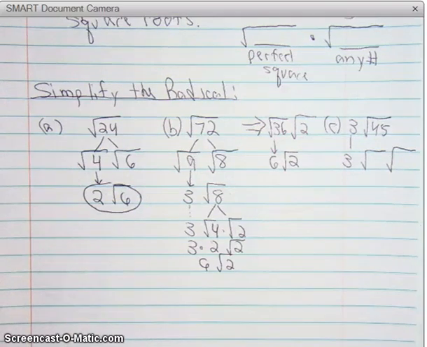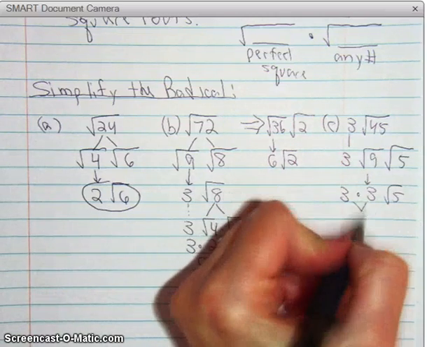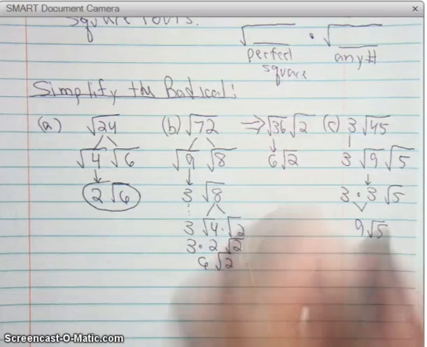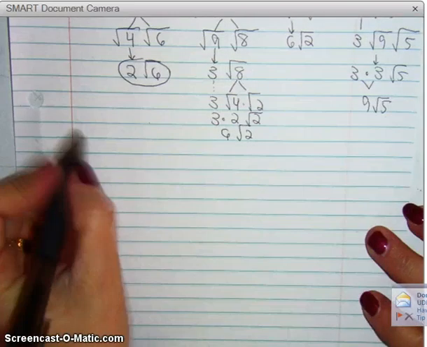In this list right here? Yeah, what'd you say? 16. Try it on your calc. Do you have your calc? 9 square root 5. So it comes out to be 9 root 5. All right, so how is that?